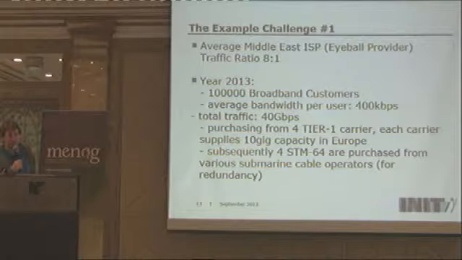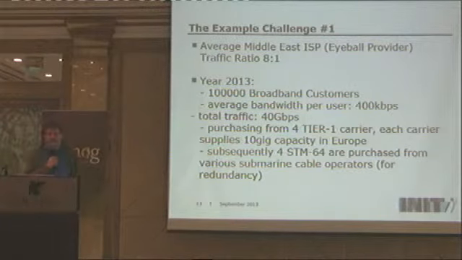So they go and buy STM64s, 10 gigabit links to Europe on various submarine cables for redundancy, and they just plug it into the networks of tier ones in Europe. That's my assumption of today's example Middle East ISP. The traffic ratio they see is about 8:1 in favor of inbound.